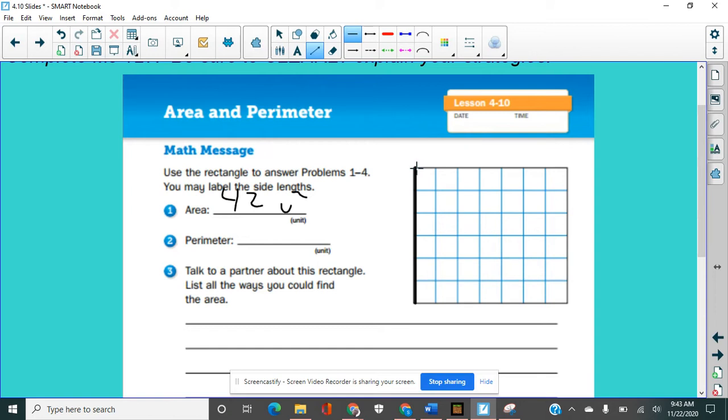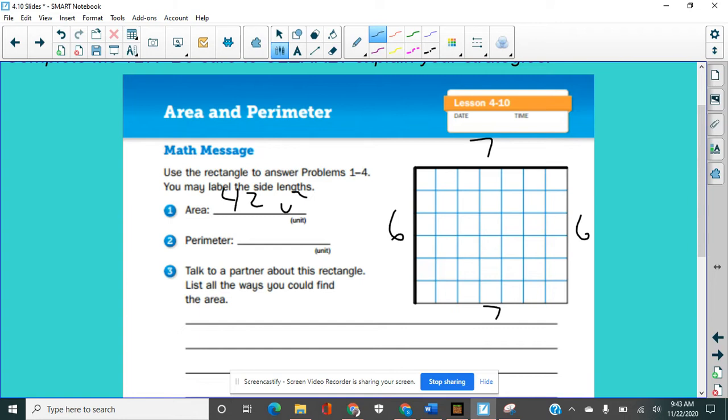And so that's 6. 1, 2, 3, 4, 5, 6, 7. Right? So I know that this side is 7 and this side is 6. That means this side is 7 and this side is 6. What do you get when you figure out the perimeter? What's the answer?